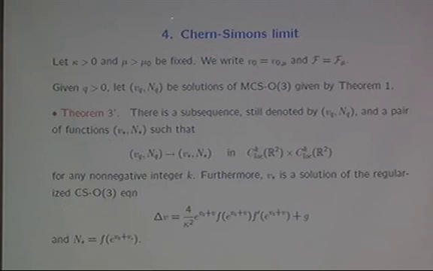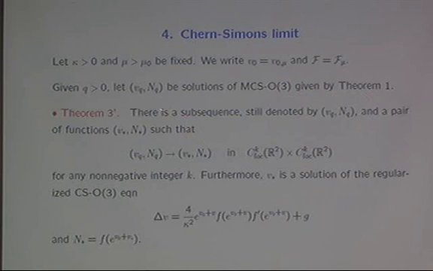Finally, we consider the Chern-Simons limit. In this case, kappa and mu are fixed, and given kappa, we write v kappa and vq, and given q, vq and nq is the solution pair of the Maxwell-Chern-Simons O3 model given by Theorem 1, not arbitrary solutions.